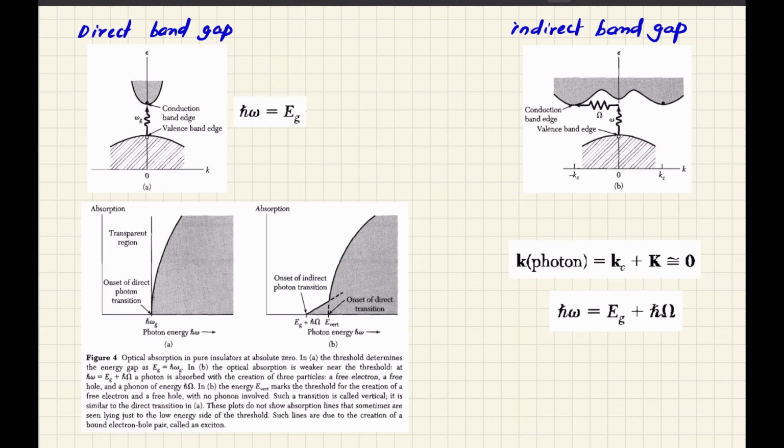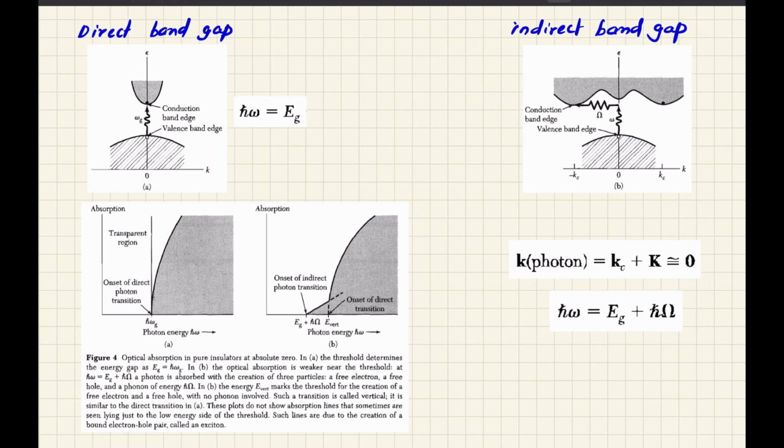Okay, and omega is the frequency of the phonon. Okay, and this will give you the conservation of momentum. Okay, so this is the momentum of the photon, and there is a critical value which is called Kc, and K is basically the wave number of the phonon.